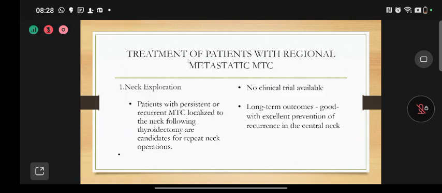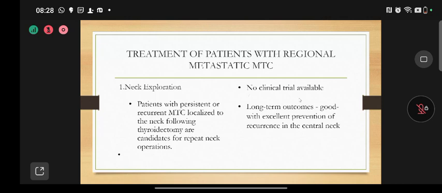Coming to the treatment of patients with regional metastatic medullary cancer, the first option is always neck exploration, that is resurgery. Patients with persistent or recurrent disease localized to the neck, following thyroidectomy, we can subject to neck operation according to the findings.